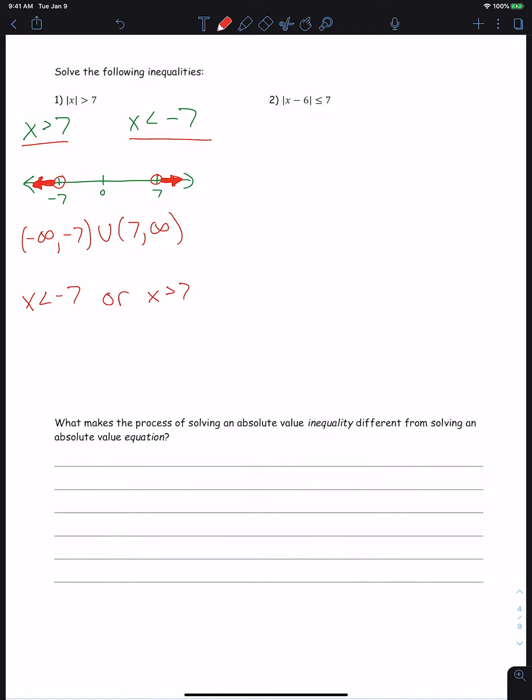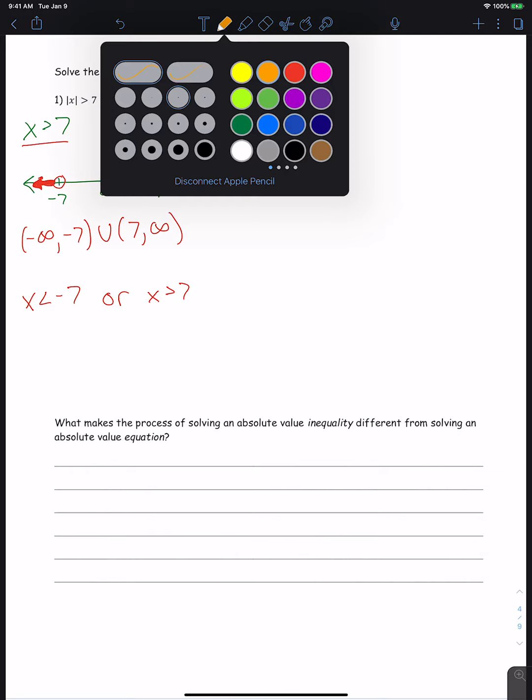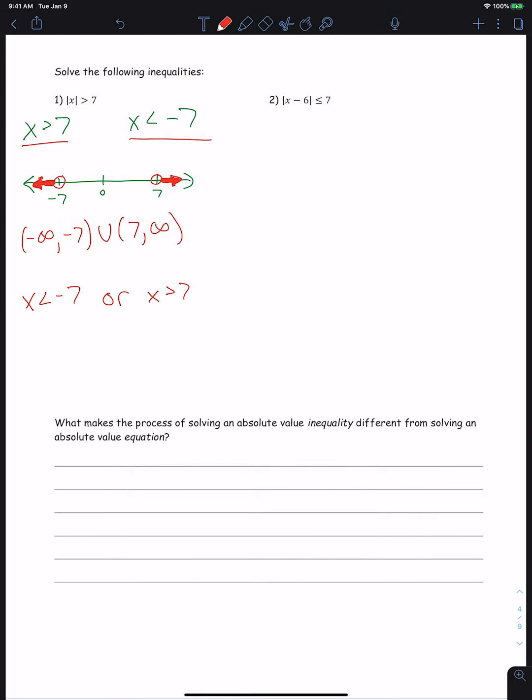If you fill out the middle part, that would be an and, because both inequalities would be working together. But that's not the case here. It's either less than negative 7 or greater than 7. Cannot be both less than negative 7 and greater than positive 7. So anyway, you can say that solution in any of those three ways, completely fine, unless the question tells you to use one of those ways of expressing the answer.